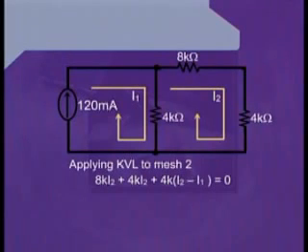Simplifying this equation, we can write 16k I2 minus 4k I1 is equal to 0.